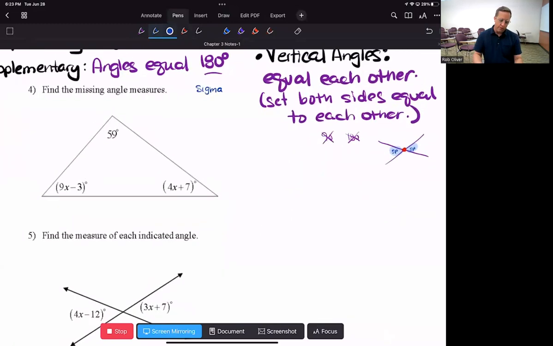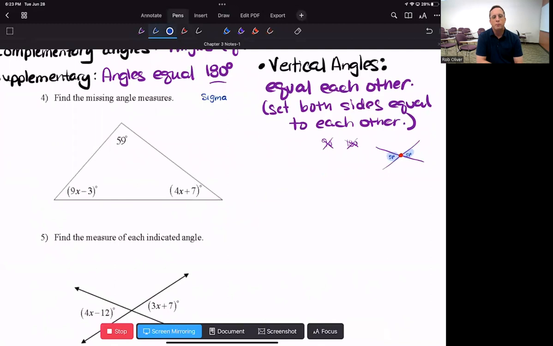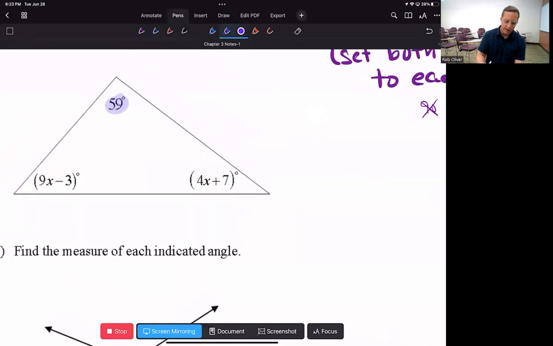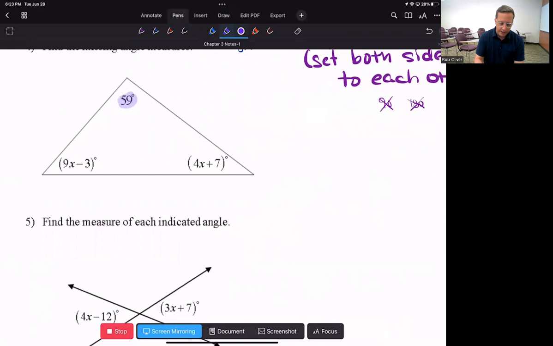So for number 4, we've got a triangle. We have one angle given, which is 59 degrees, and we have two angles that are not given directly, but instead we're given an expression. And so we have 59 degrees right there. And if we do 180 minus 59, you're going to subtract, and you get 121.